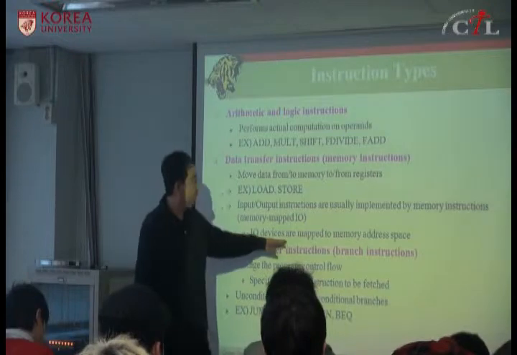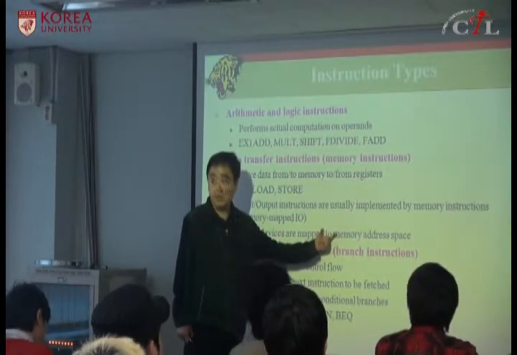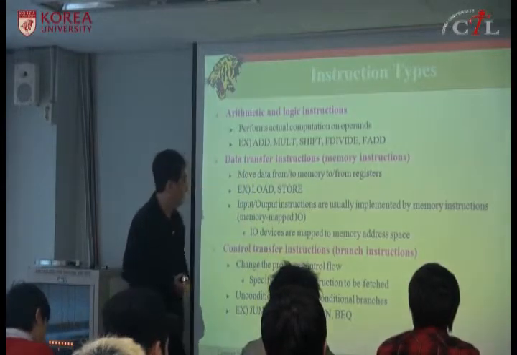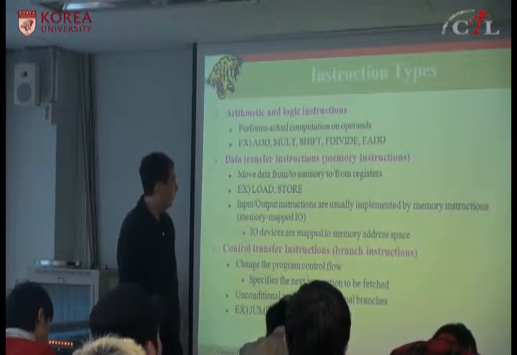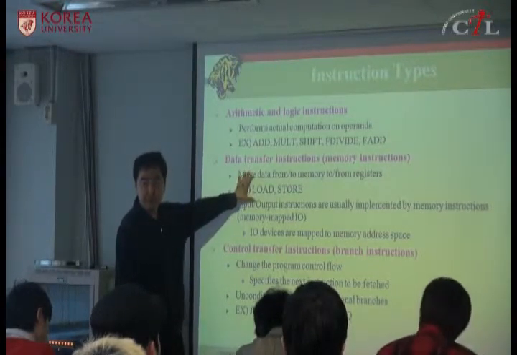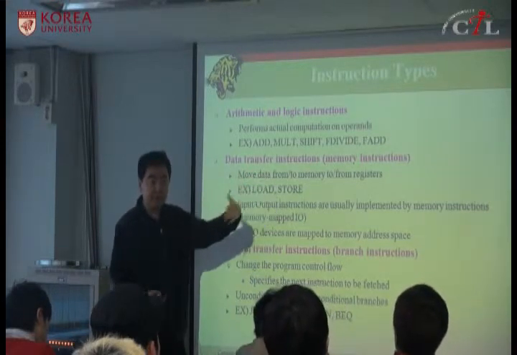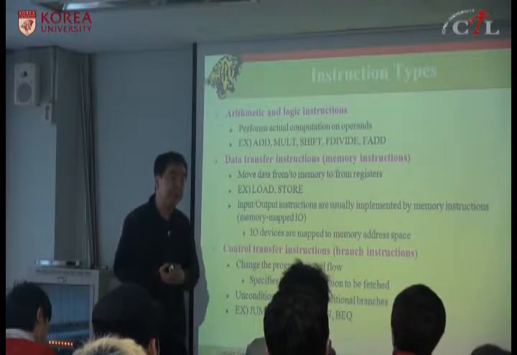I/O devices are mapped to the memory address space, and these addresses are called I/O ports. So this is called data transfer instruction. Using data transfer, you can load or store data from memory to a register or vice versa, and you can also do input and output.